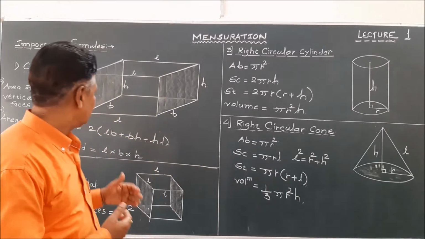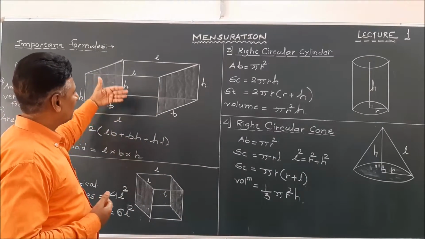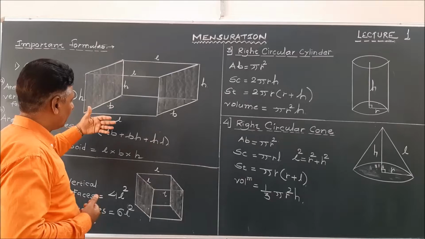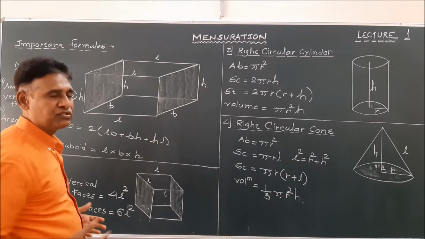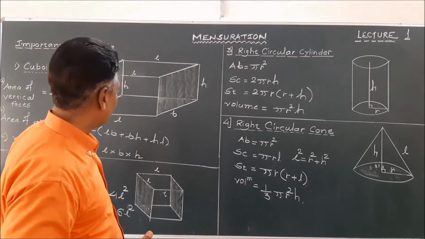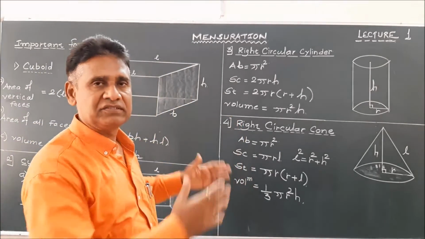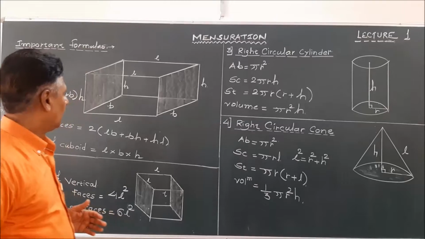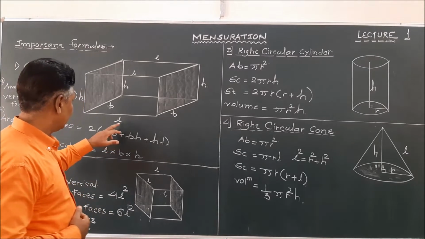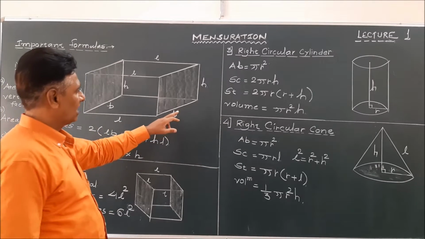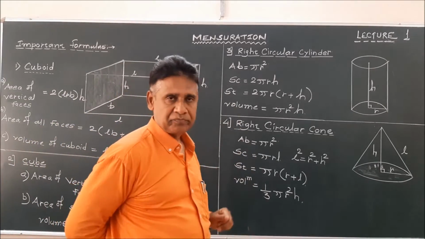It has 6 faces, the same identical faces: front and back, sidewise 2, top and bottom. Top and bottom are identical, sideways 2 faces are identical. Then you will find it has length, breadth, as well as height.